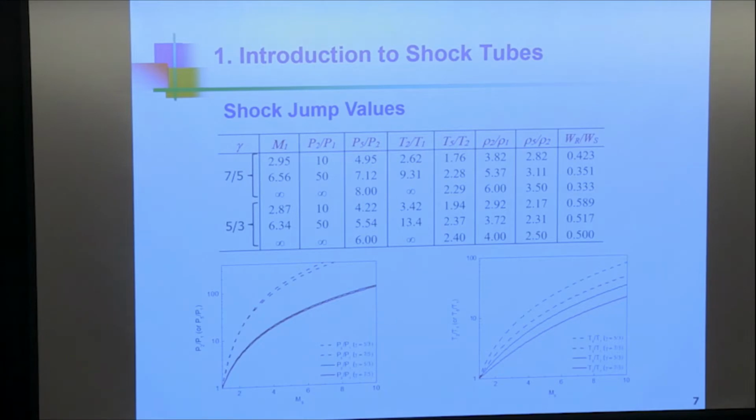Okay. These are plots of pressure ratio versus the Mach number. And typically you're using either a gamma 7/5 gas or a gamma 5/3 gas. It's common to use argon diluent in experiments, gamma 5/3, because there are some advantages. In any case, the dotted lines are the pressure ratios here. One of them is 5/3.